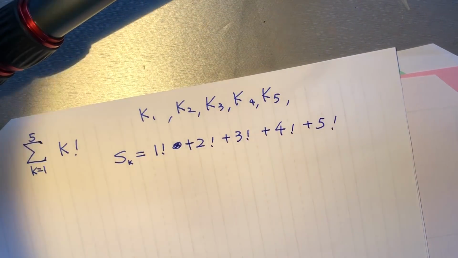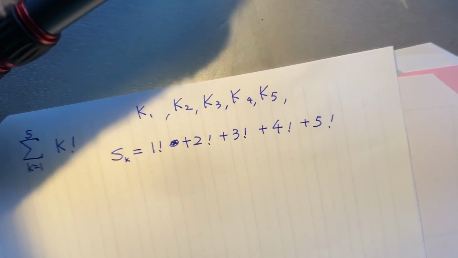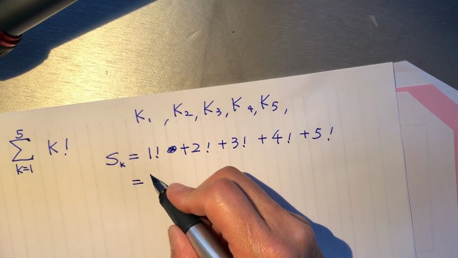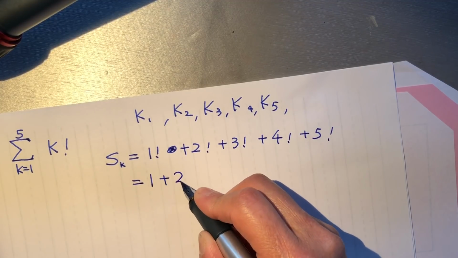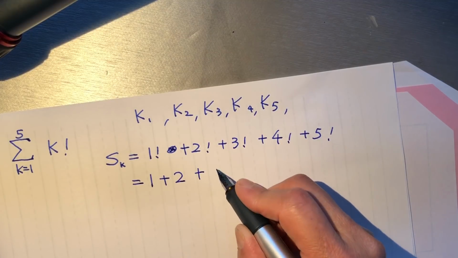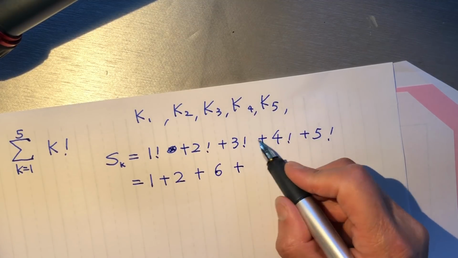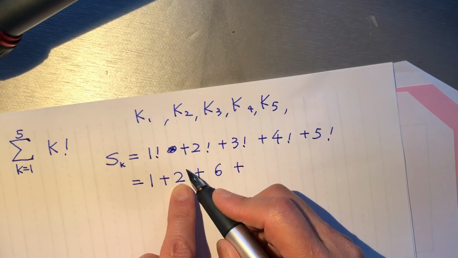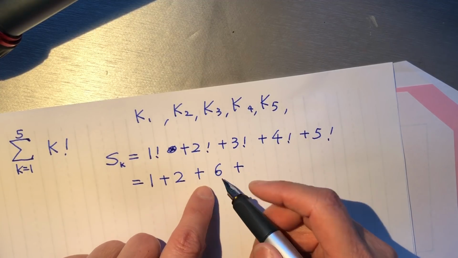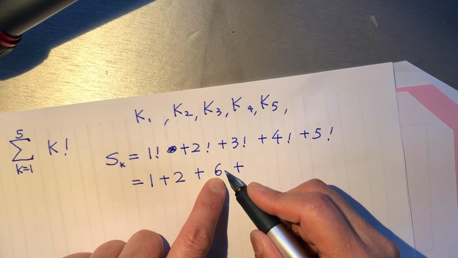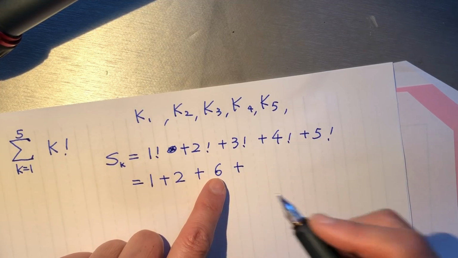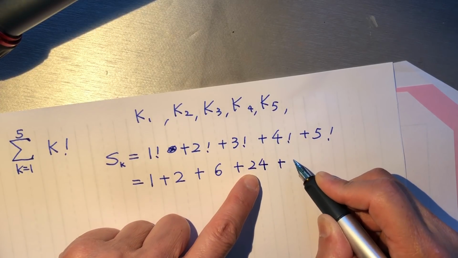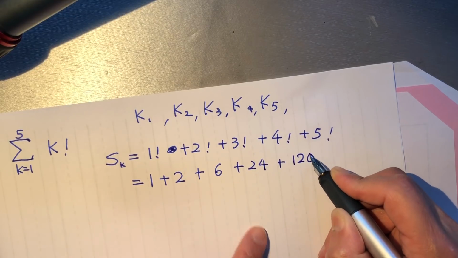Sorry. So 1, 2, 3, 4. This factorial. I move a little bit of my camera. So 1 times 1 is 1, plus 2 times 1 is 2, plus 3 times 2 is 6, plus. So actually, you can start to figure out 2 factorial, and 3 factorial is 2 factorial times 3, and 4 factorial is 4 times 3 factorial. 4 times 6 is 24, plus 5 times 24 is 120.